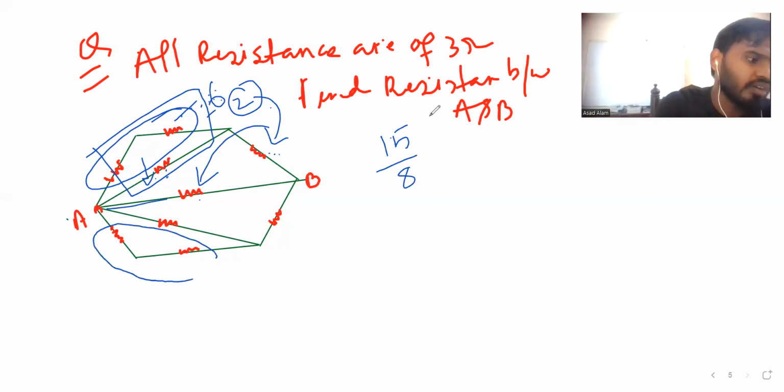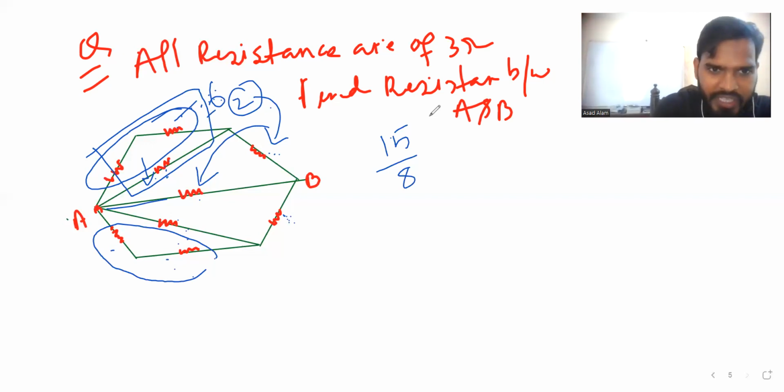Let's see the same way. 6 and 3 gives 2, and 2 and 3 in series gives 5. So we can say now it is like this.